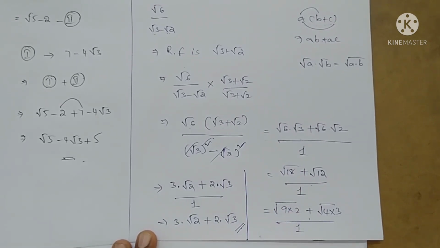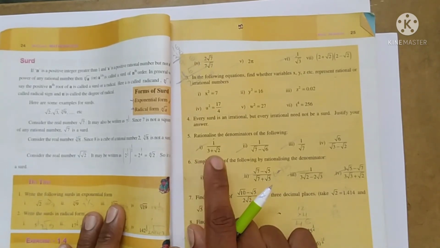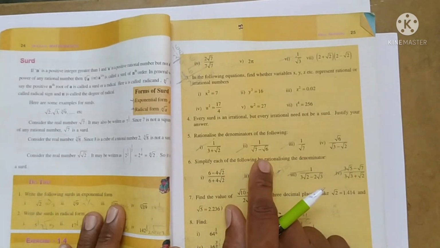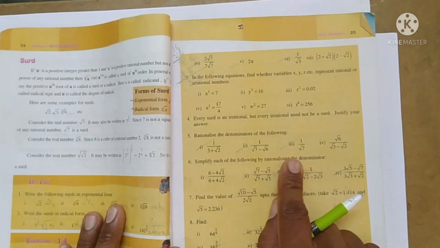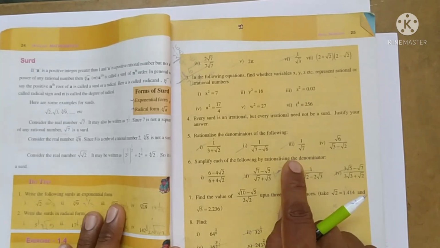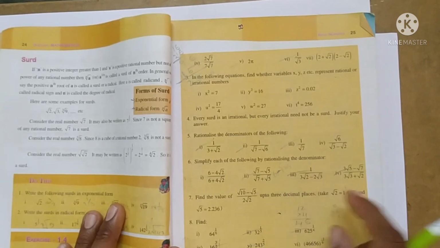Next one, Roman number 6. Simplify each of the following by rationalizing the denominator. Here, third question: 1 by 3 into root 2 minus 2 into root 3.